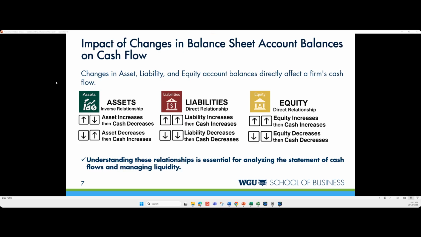You immediately turn that around and it goes out the door to get that asset. And so we have to keep in mind any asset we procure is going to cost us cash. Cash is always going to decrease. Any other questions on these relationships before we move forward?